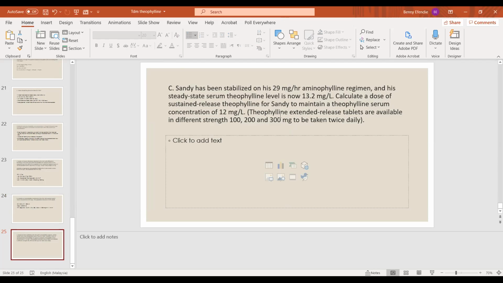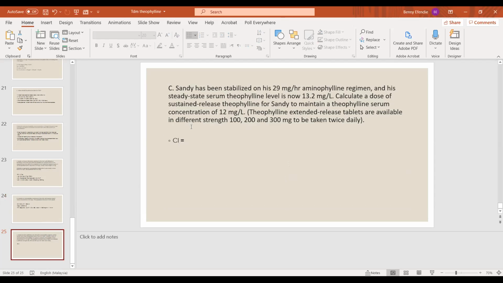Calculate a dose of sustained release theophylline for Sandy to maintain a theophylline serum concentration at 12. We know that theophylline comes in 100, 200, and 300 to be taken BD. So we calculate back for 12, so we get the dose for 12 now. We know the clearance just now. What is the clearance again?